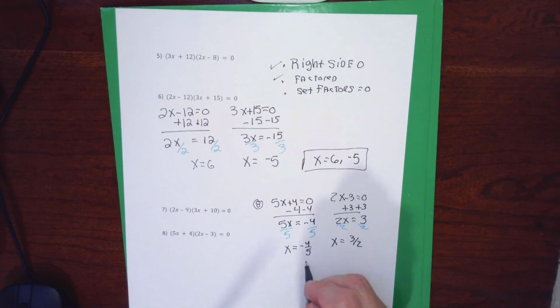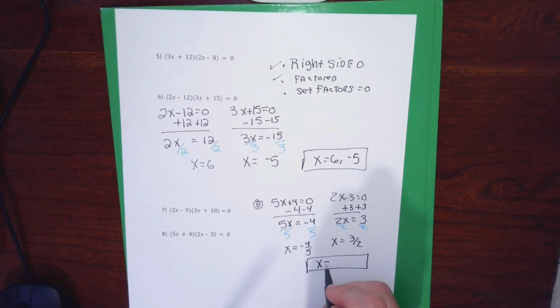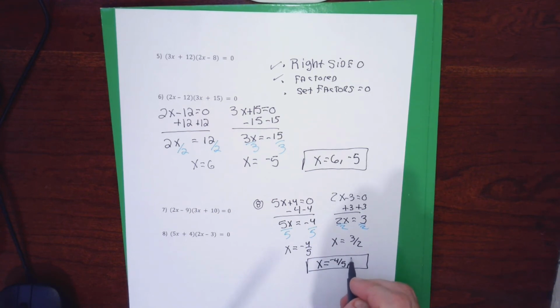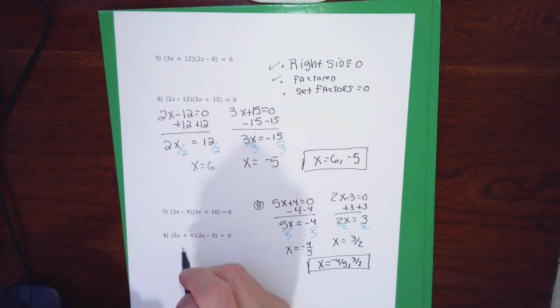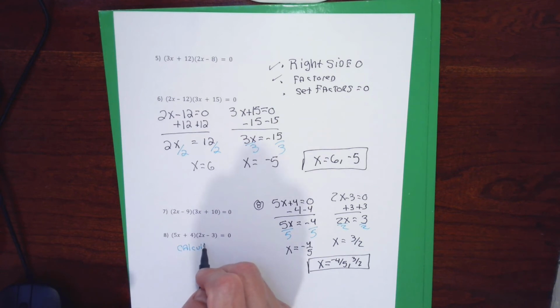My go-to answer writing is put the variable followed by an equals, put the individual numbers to the right of that equal sign, separated by a comma. Calculator check now, because fractions are intimidating, but we can get fraction answers.